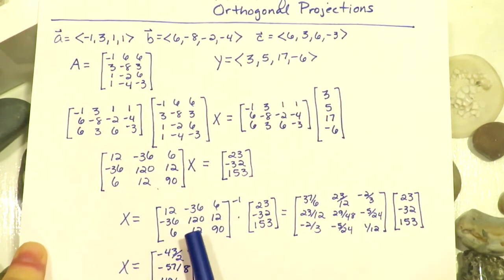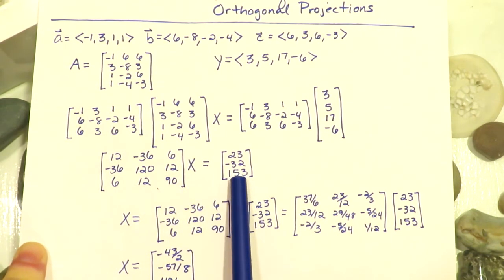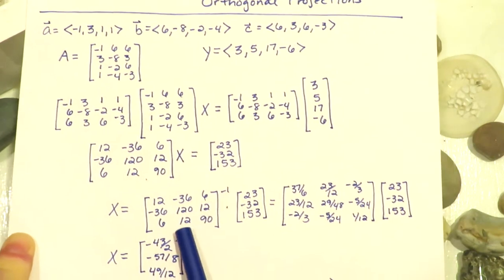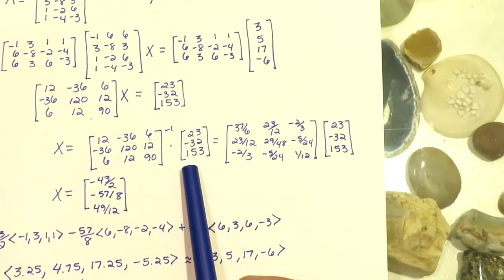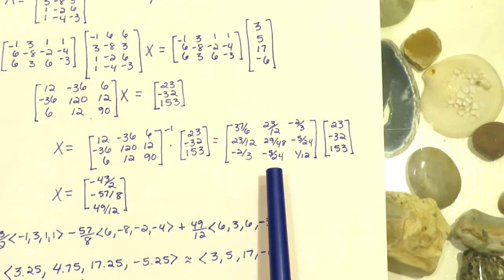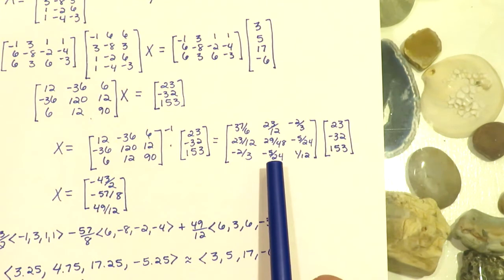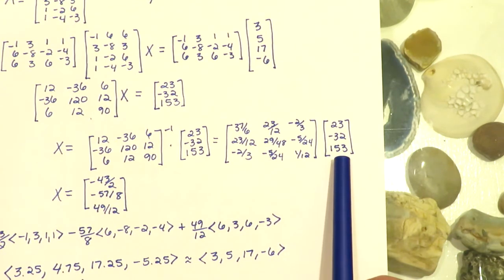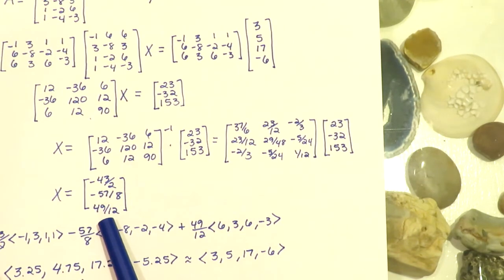X then will be the inverse of this matrix multiplying this 3 by 1. And if I follow through with that, I get this as the inverse matrix, and this 3 by 3 multiplying my 3 by 1 gives me this 3 by 1: -43/2, -57/8, and 49/12.